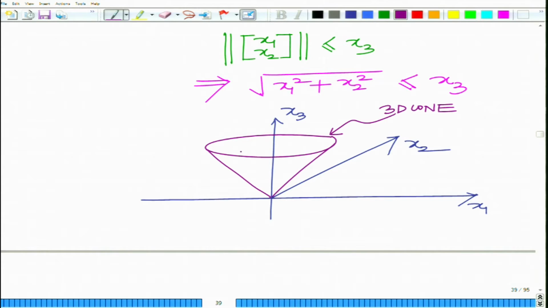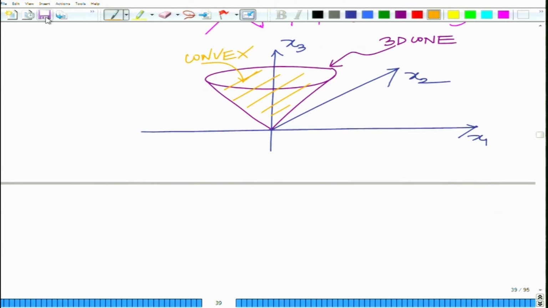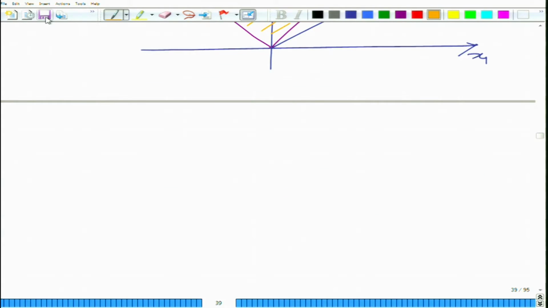And you can clearly see that this region, the interior of this cone, is convex, and it is also reasonably easy to show that the cone is a convex region. In general, now you get the idea.